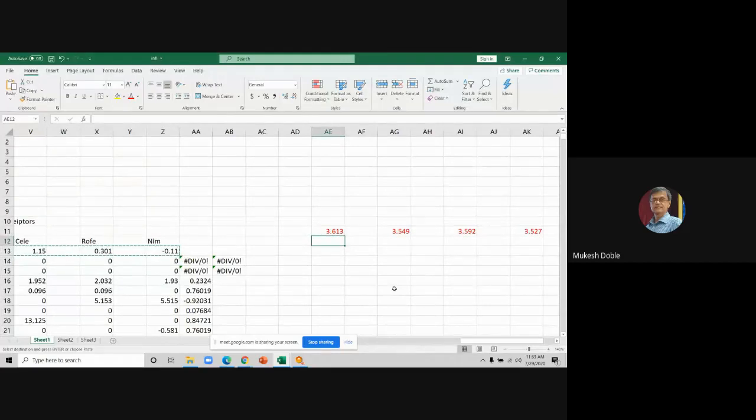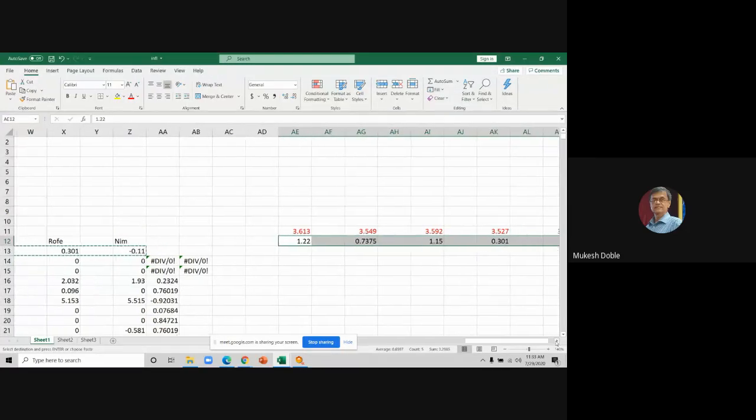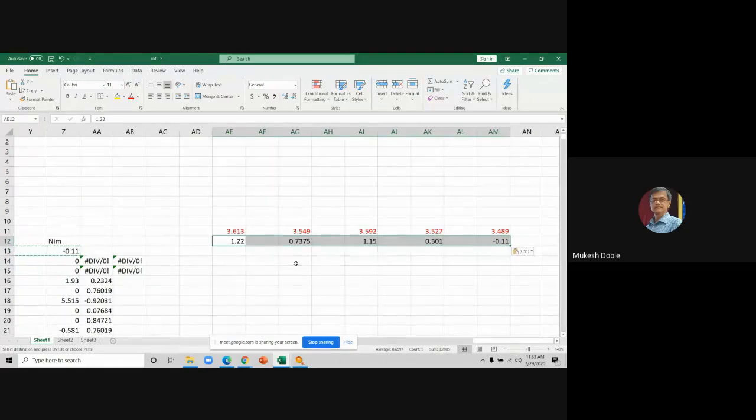Okay, this is the descriptor, this is the activity. So you can even draw a graph and see how it is.